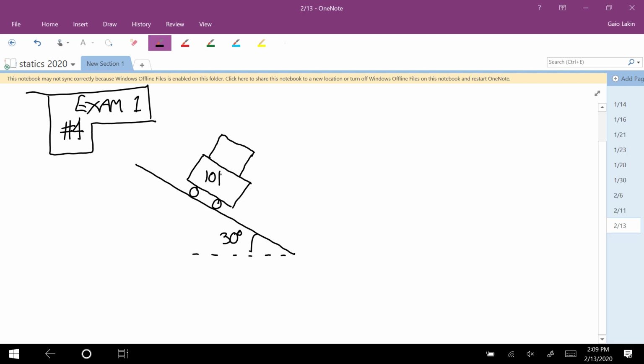The cart had a mass of 10 kilograms. The box on top was 5 kilograms. And then there was a 100 Newton force. And a horizontal cable connecting the cart to the incline.